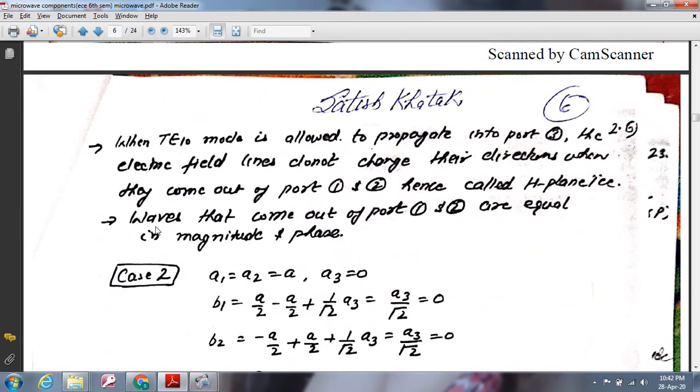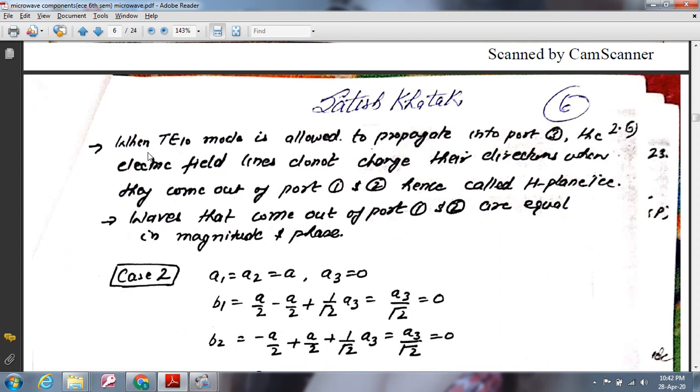When the TE10 mode is allowed to propagate, here TE10 mode is the dominant mode in the case of a rectangular waveguide. We will see in the next classes why we are saying TE10 is the dominant mode.